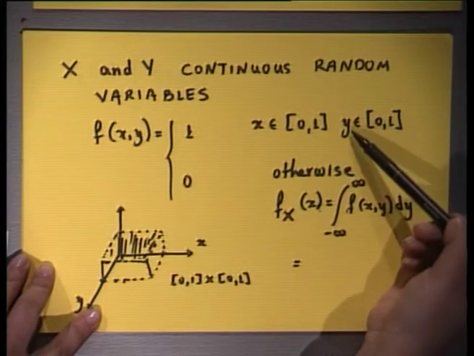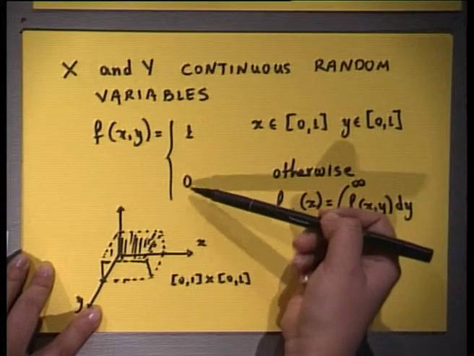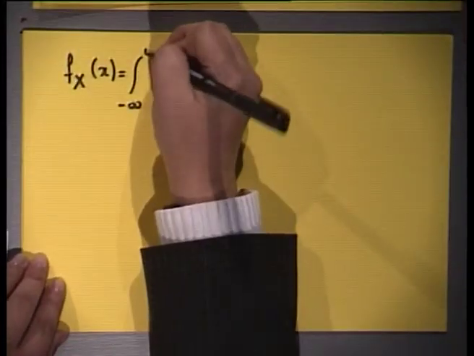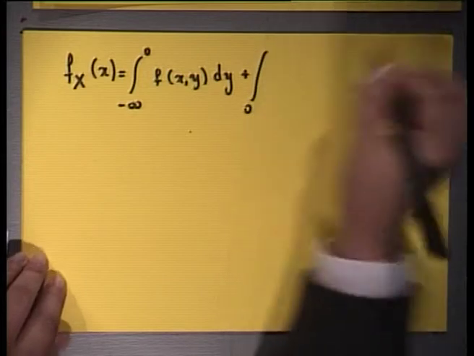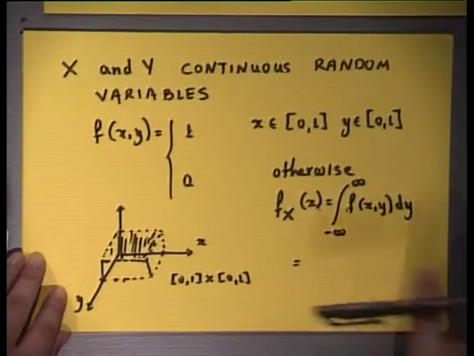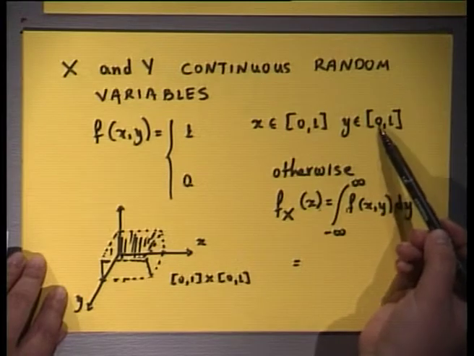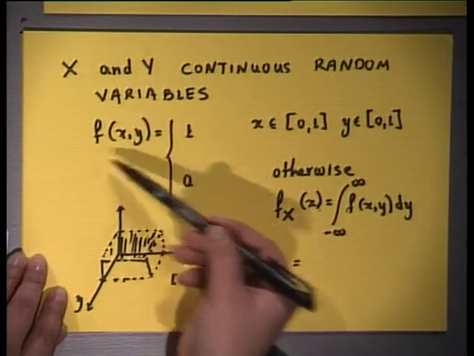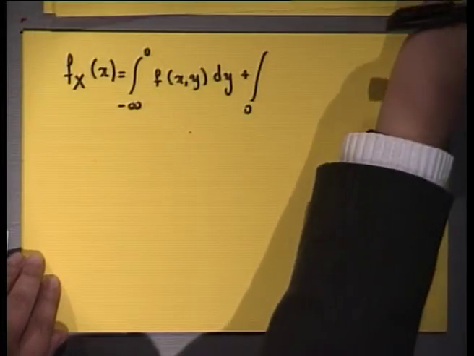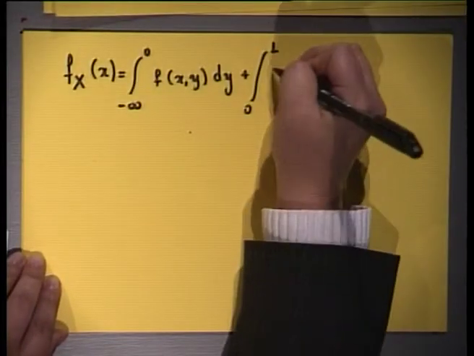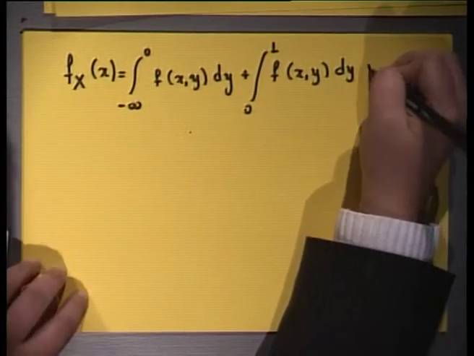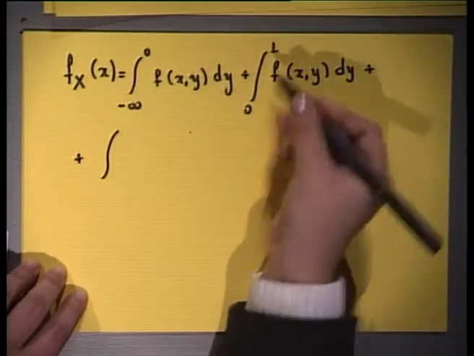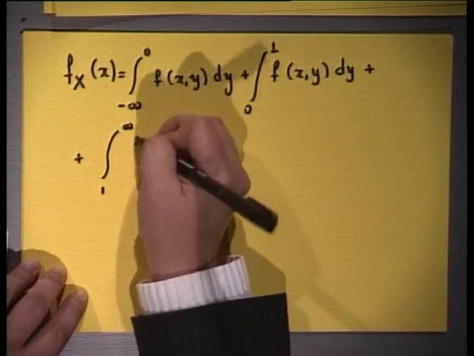Up to y equals 0, it will be 0, so we split up to 0. Then we have the area from 0 to 1, where this is not 0. And finally, the last one from 1 to infinity.